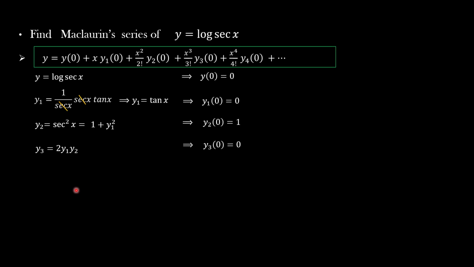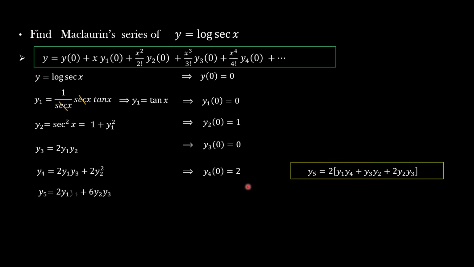Therefore, y3 is equal to 2y1 into y2, which implies y3 of 0 is equal to 0. y4 is 2 into y1 into y3 plus 2 into y2 square, which implies y4 of 0 is equal to 2.